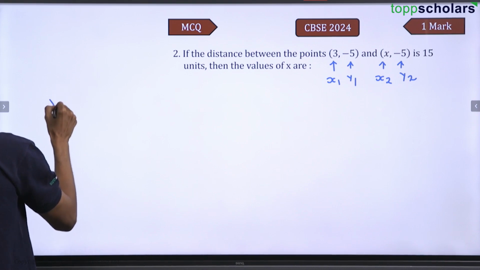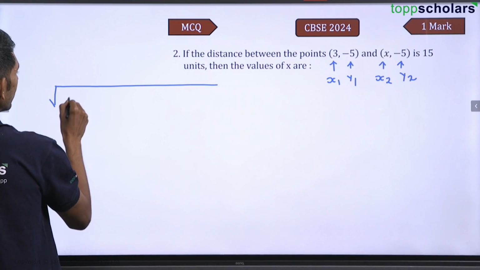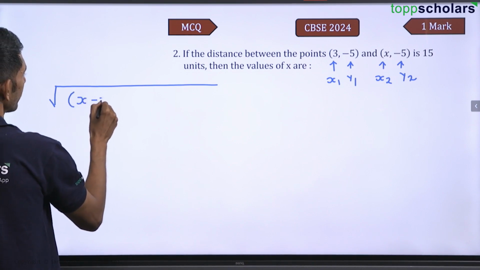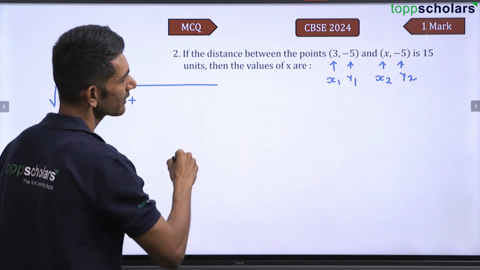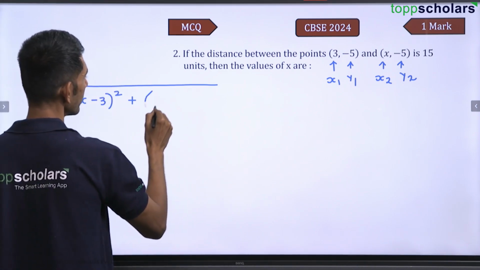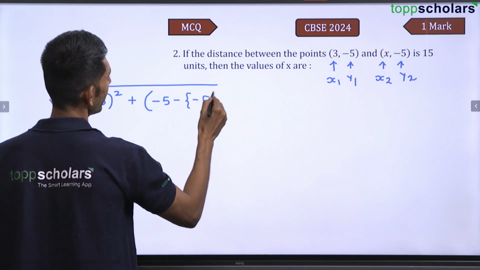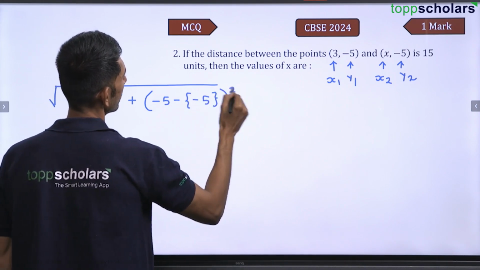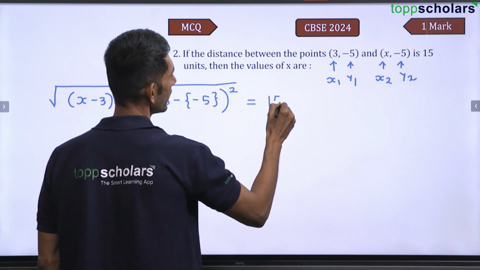So you can say that the square root of (x2 - x1), that is (x - 3) the whole square, plus (-5 - (-5)) the whole square is already given as equal to 15, right?